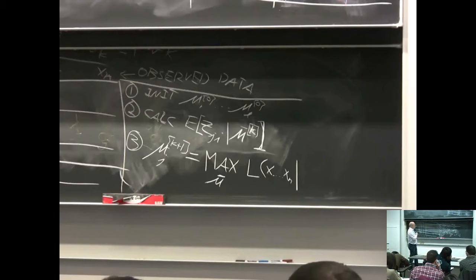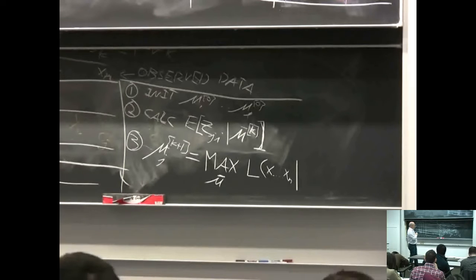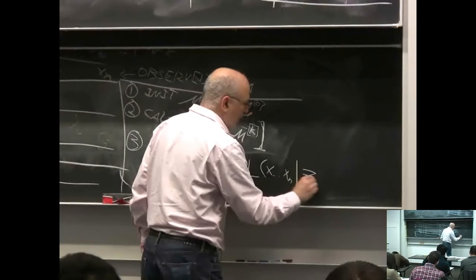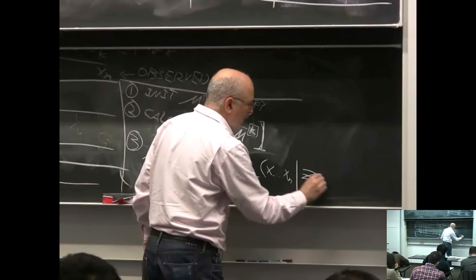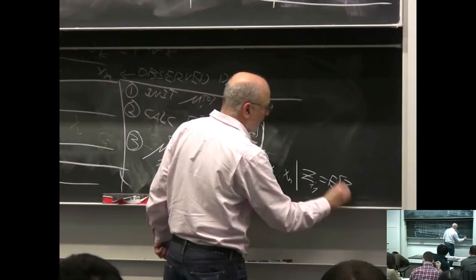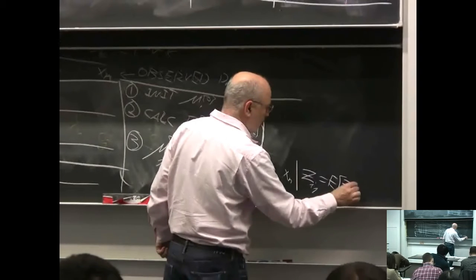When we get to the EM itself, I will redraw this and it will be clear. It is maximizing the likelihood of the data, assuming that the zij's are the expected zij's. And that's the best I can do right now.